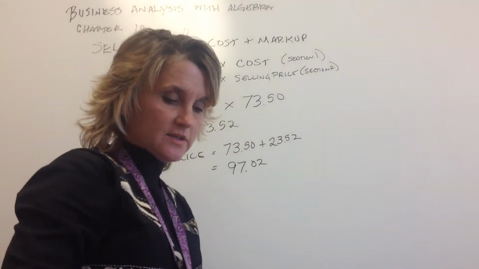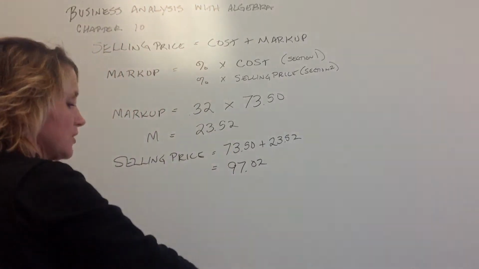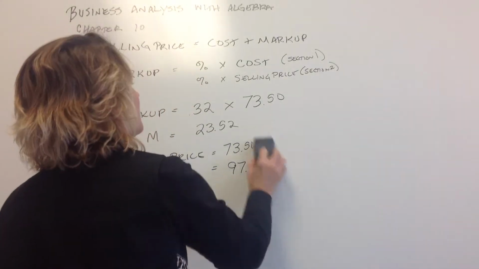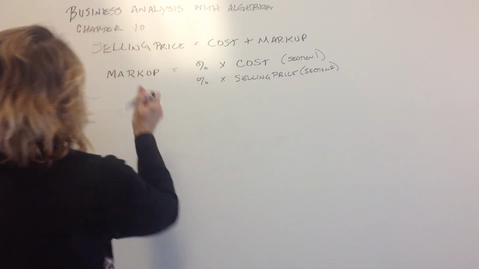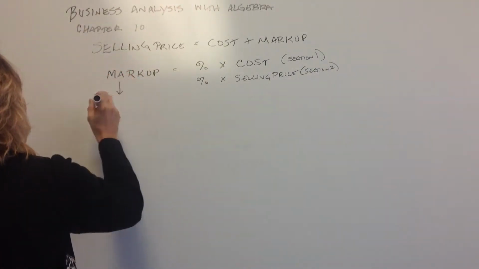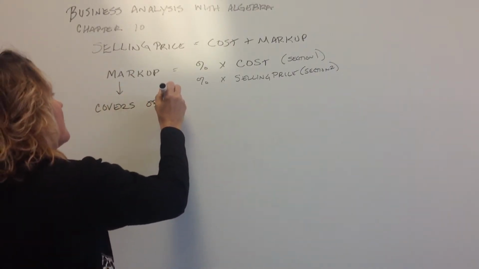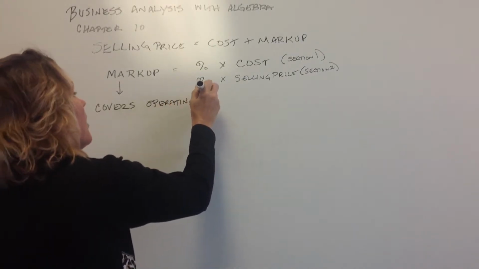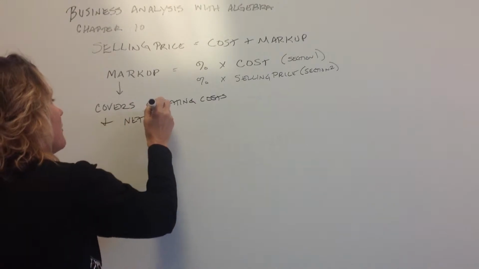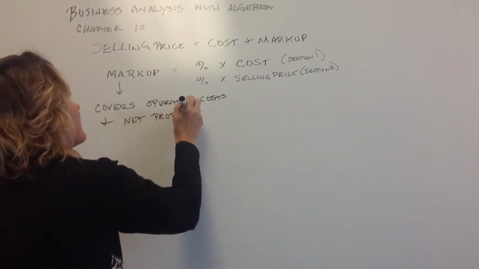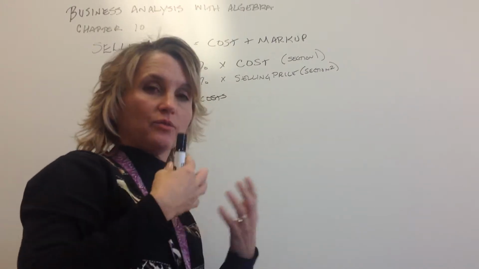Then you can get into ones that break the markup into two different components, so that our markup covers operating expenses or operating costs and provides for net profit. So that is included in our markup. So then you can have ones that word it that way.